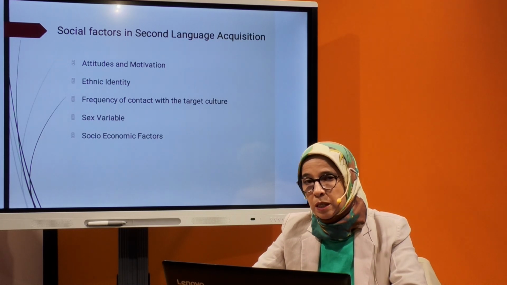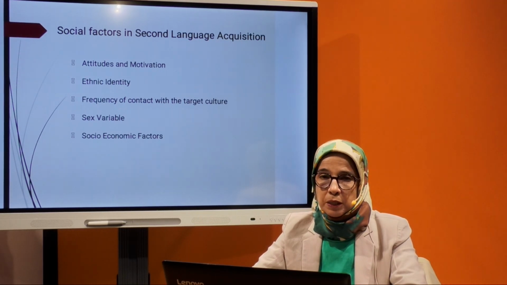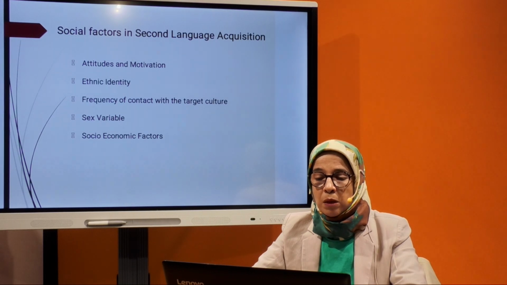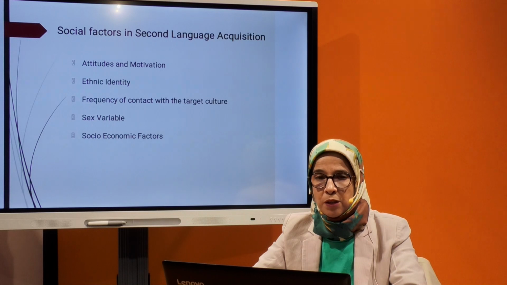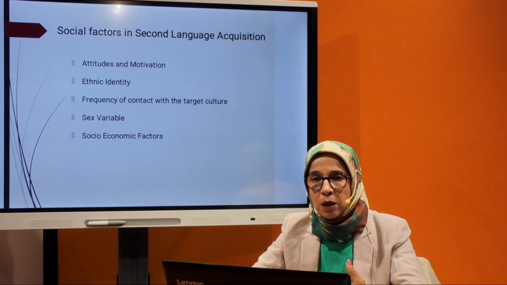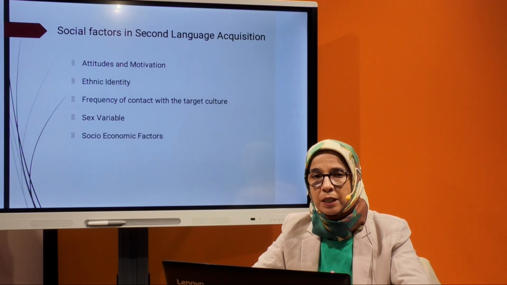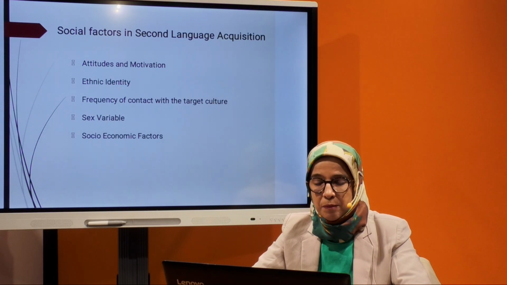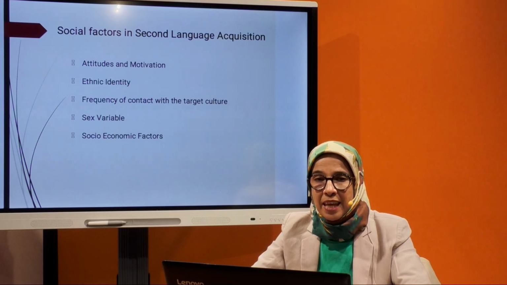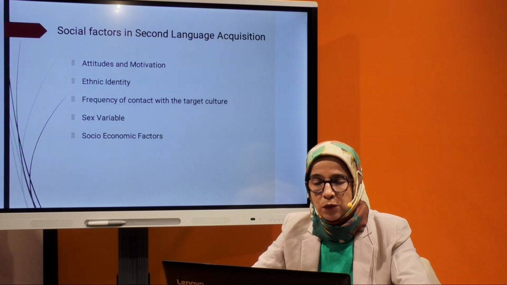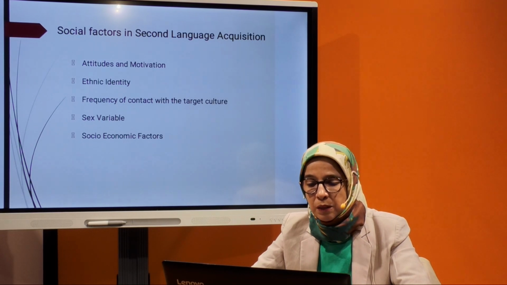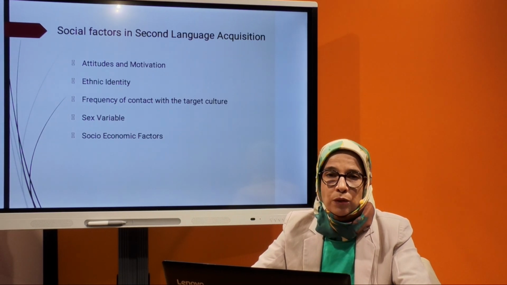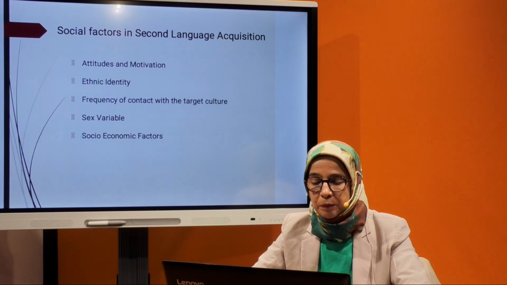In Krashen's monitor model, for instance, attitudes and motivations are very important in controlling the amount of input that can be taken in. They have indeed a filtering role, influencing the extent to which the second language material is successfully acquired or learned.